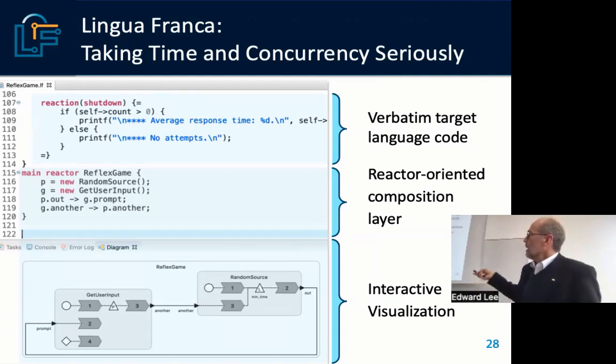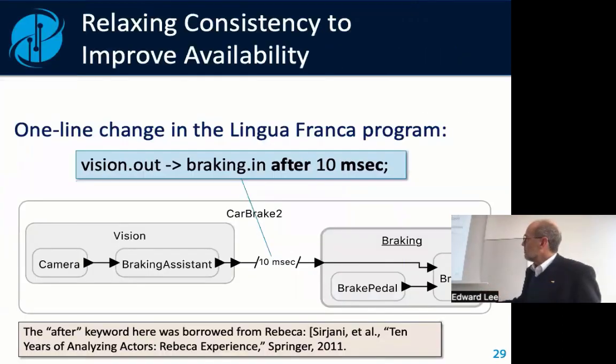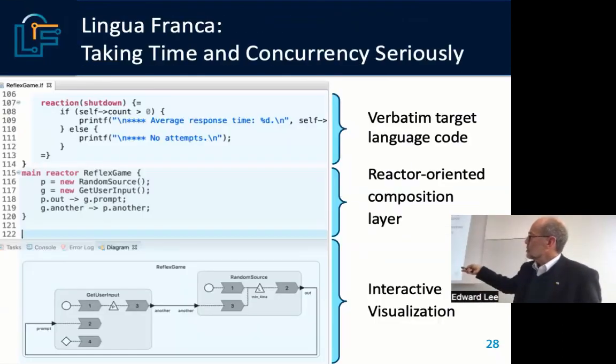But anyway, the way you write programs in this case is you define reactions in a target language. This looks like C code to me. Yeah, I think it is C code. And then you stitch together your components. You specify an interconnection topology that specifies how these things are connected.